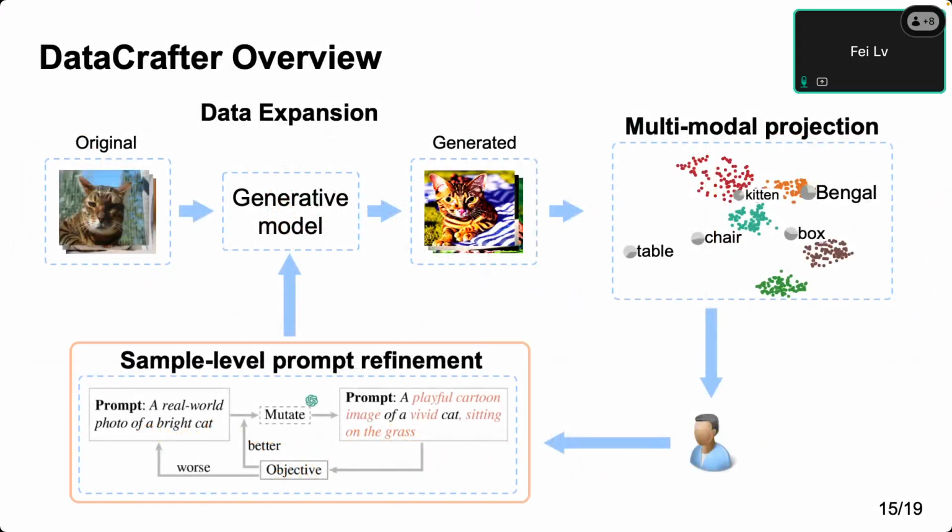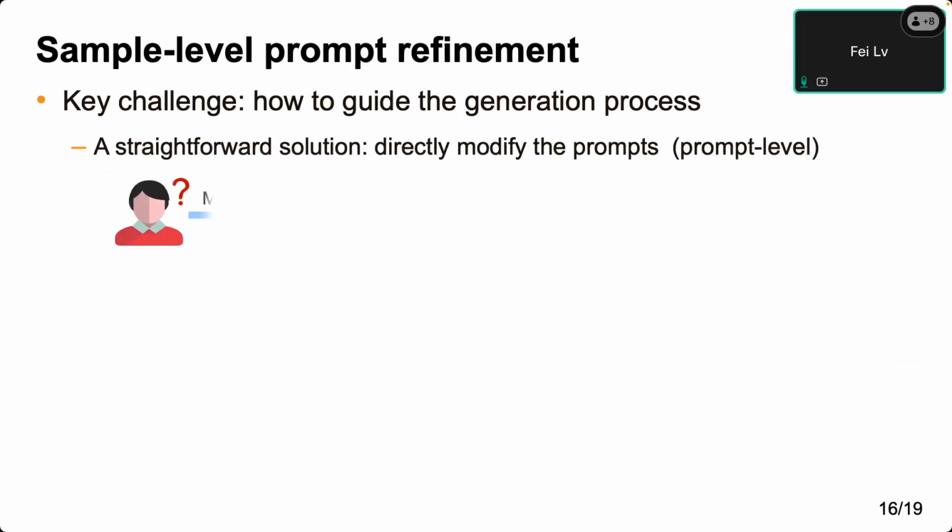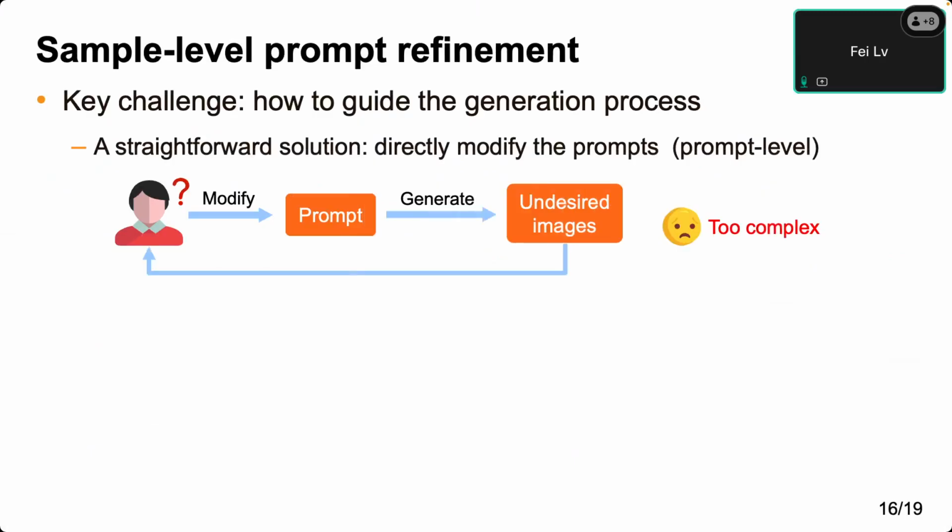Next, I will introduce a sample-level prompt refinement method. The key challenge is how to guide the generation process. A straightforward solution is directly modifying the prompts, but it's too complex for users.